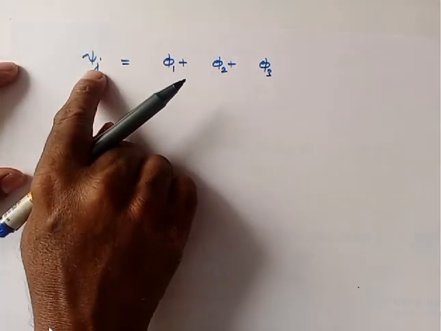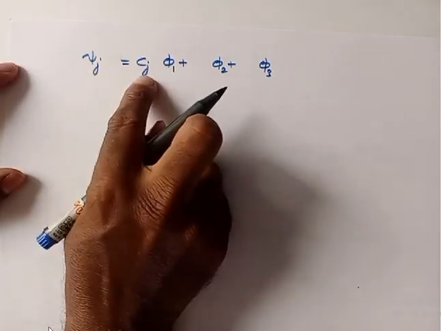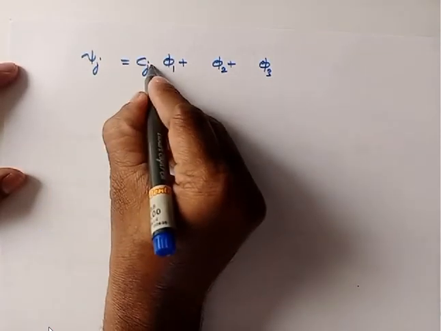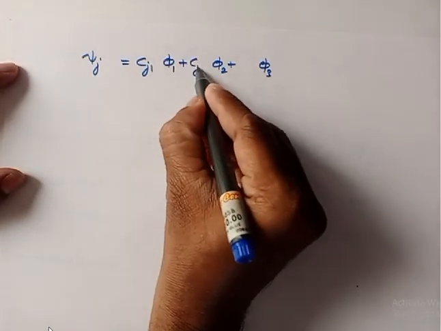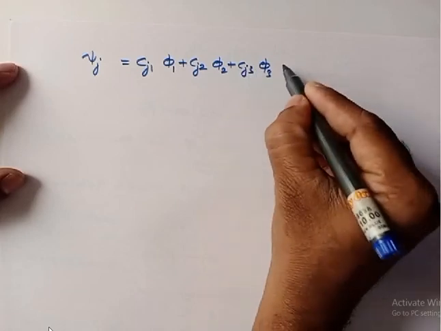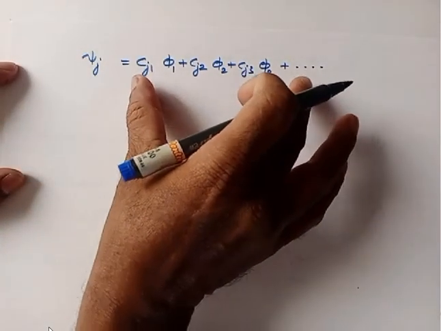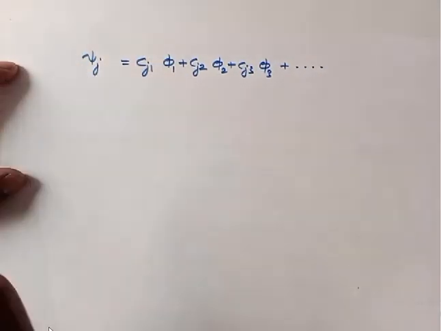For the jth molecular orbital, we represent the coefficients like this: Cj1 for atomic orbital 1, Cj2 for atomic orbital 2, Cj3, plus etc. This is how we write the linear combination of atomic orbitals that form the molecular orbital.